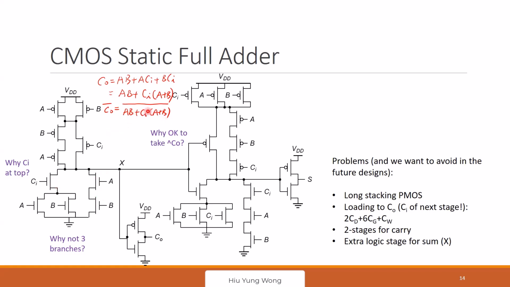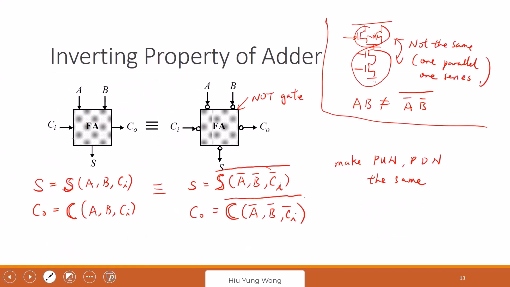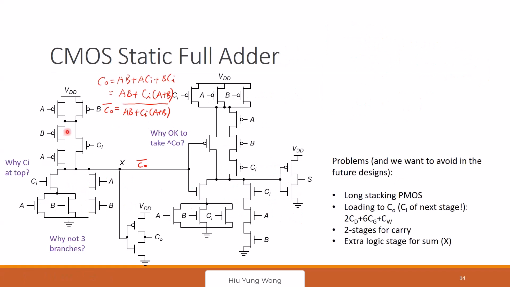AB or CI times (A or B). That is the pull down network. That's why we say this is not C out. And you just do the duality, right? This parallel becomes series. So AB in series with this, you get this pull up network. Now this one, I have not used the inverting property of the adder we mentioned here. We're going to use it, but this is just what we will do naturally. So that's why this computes C out. Is this okay?